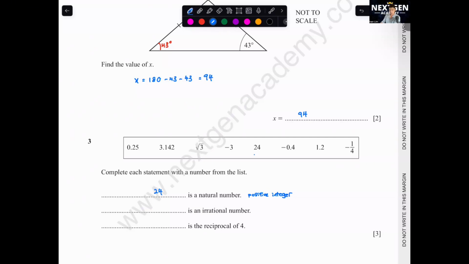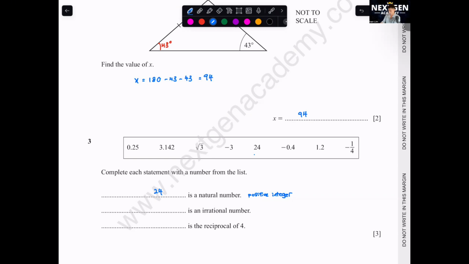Irrational number. What is the definition of an irrational number? Let's go back to the official definition. What's a rational number first? Rational means a number that can be written as a fraction. That is actually the proper definition. You can write that down.